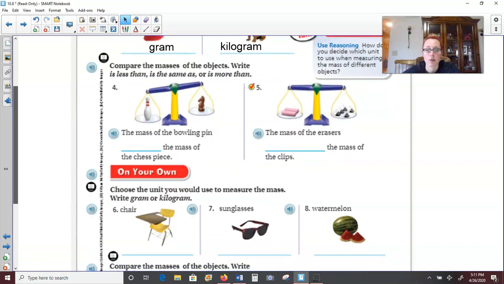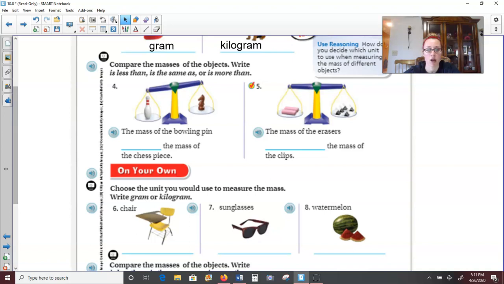All right, down here we're going to use the scales to help us compare the masses of the objects on the scale. So for number 4, it looks like a bowling pin and a chess piece, and we would say that the mass of the bowling pin is what to the mass of the chess piece? Now we have to pay attention and notice that the bowling pin is going down the scale, and the scale is tilted, and the chess piece is up a little bit.